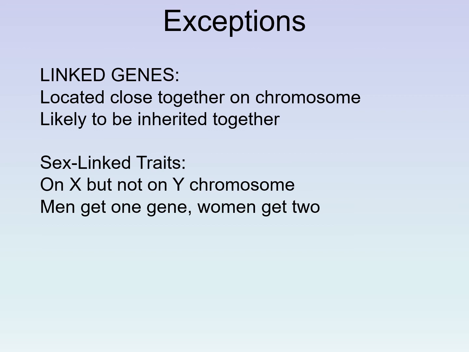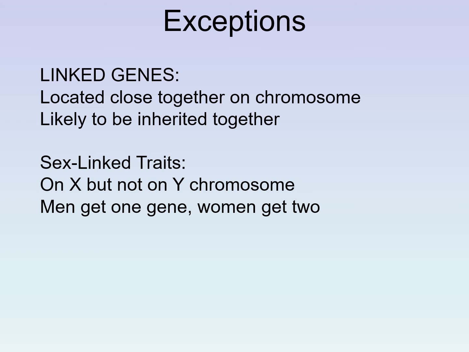But the relationship between the X and Y chromosome is just a little bit different than the dominant recessive relationship. Think about the shape of the X and Y chromosomes for a minute. The X has a lot more DNA in it than the Y. There are genes on the X that are not on the Y, like genes for hemophilia, a blood disease, or genes for color blindness.